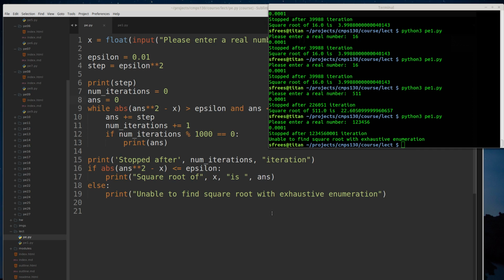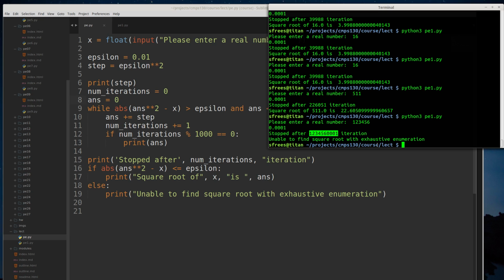We'll be waiting so long that I had to actually use the magic of video editing to let it complete. We'll be iterating through this an enormous number of times because it's just such a large number, so far to the right of the number line. But what makes it particularly unappealing is that afterwards, even with that epsilon, we were unable to find the square root.